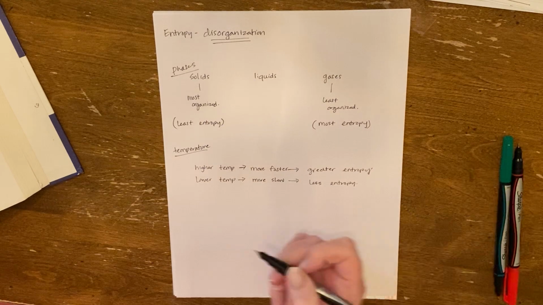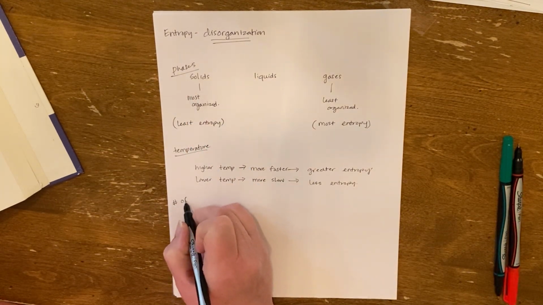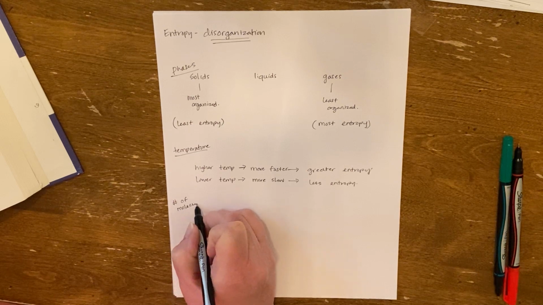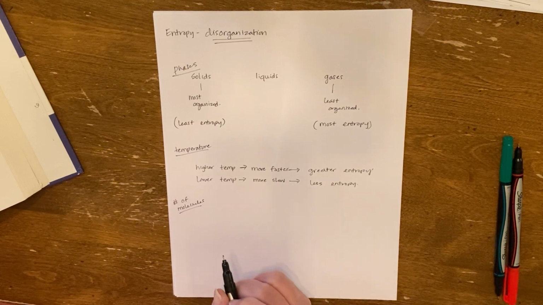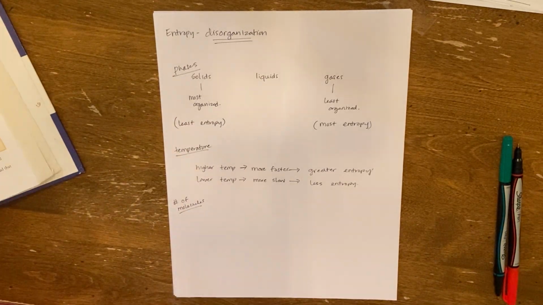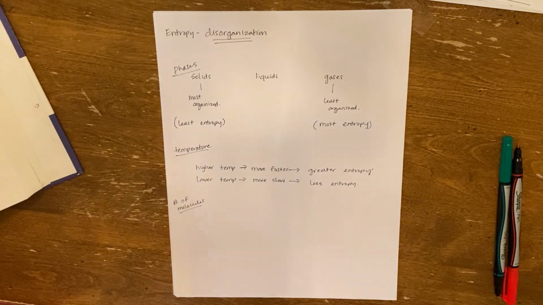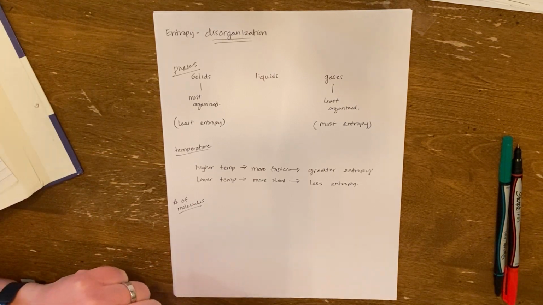Okay, we've talked about phases, temperature. Let's think about the number of molecules. Okay, and if we're following along in our book, sorry, I've moved several pages ahead. I'm on page about 434.